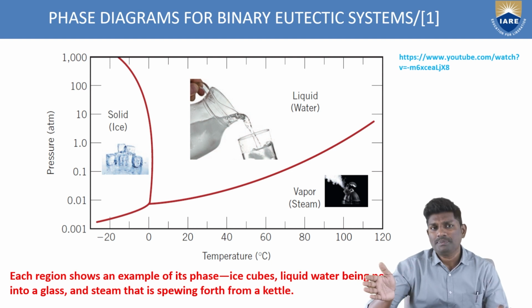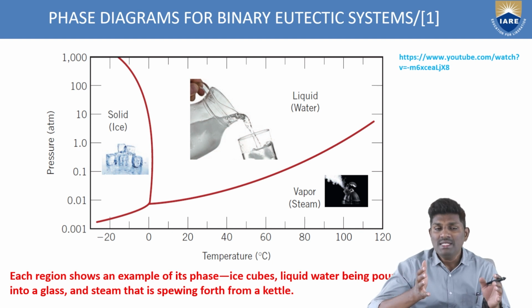And next, the water can convert into the gaseous or vapor phase above 100 degrees centigrade. That is how you can easily tell the properties of this material: at what point the water melts, at what point it gets into a gaseous state, and at what temperature the water is in the solid form.